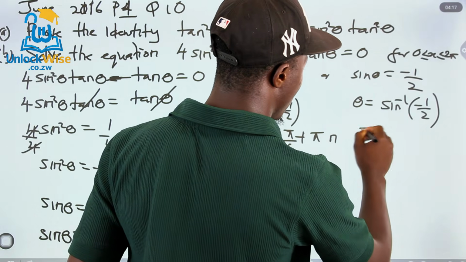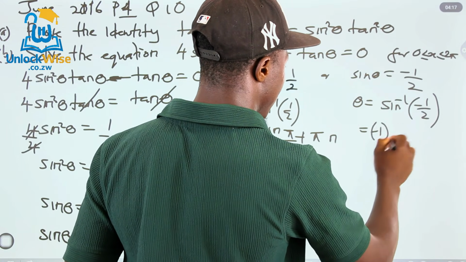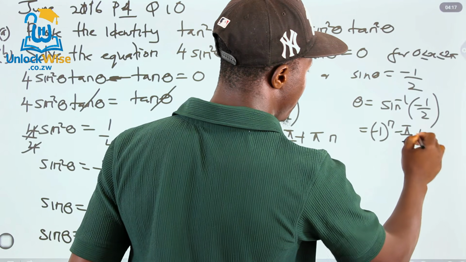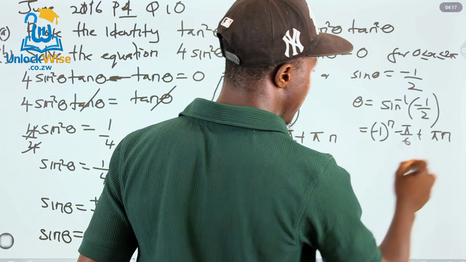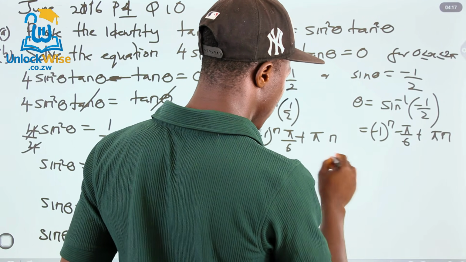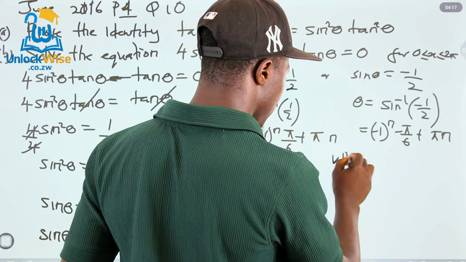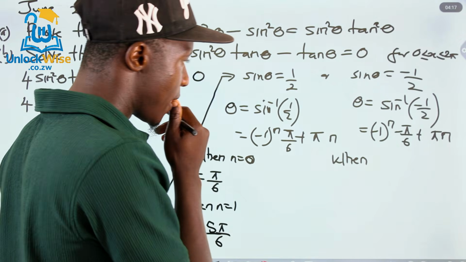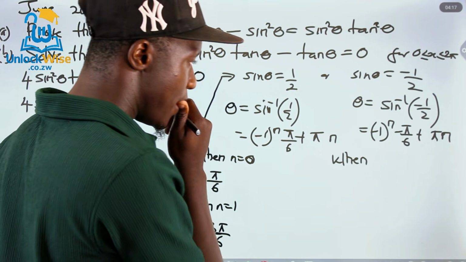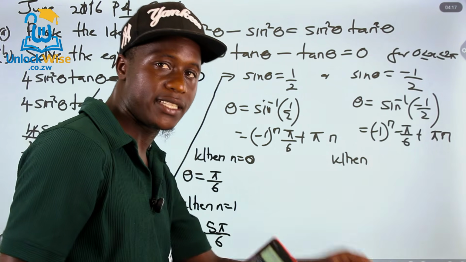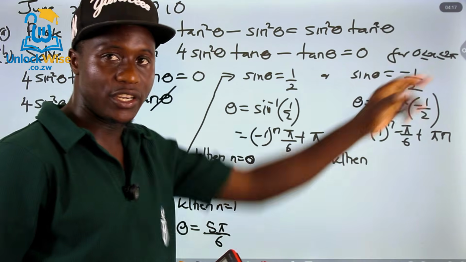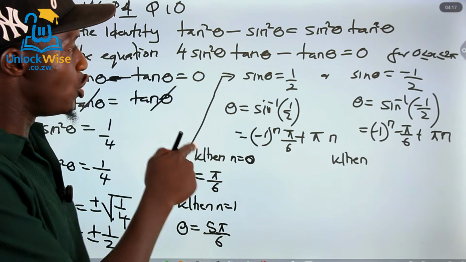So that will be (-1)^n times negative pi upon 6 plus pi n, since we are in radian mode. When n is equal to 0, our value becomes negative pi upon 6, which cannot be true according to our range, because our range is from 0 to 2 pi.